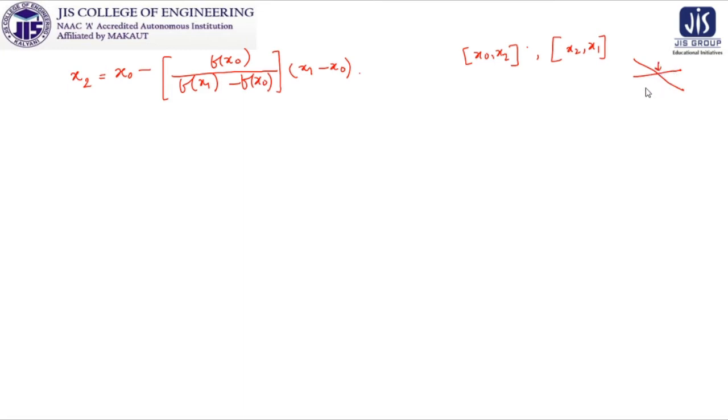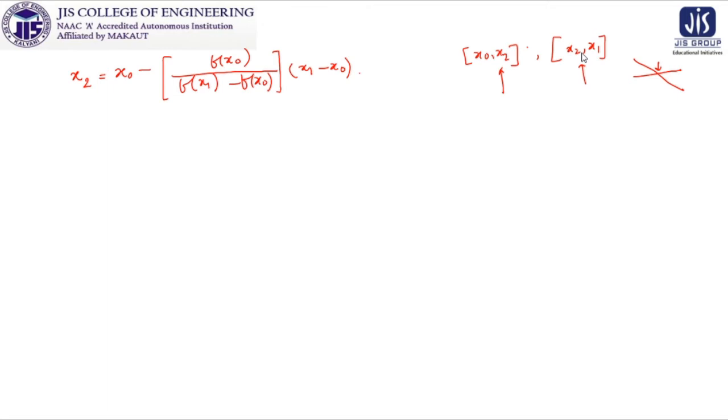This is my x2. So it is guaranteed that the value of fx will be of opposite sign, and the method is applied again to this interval. If fx0 and fx2 are of opposite signs, then the root lies between them, and otherwise over here, because we have the guarantee that within x0 and x1 the root must be there.